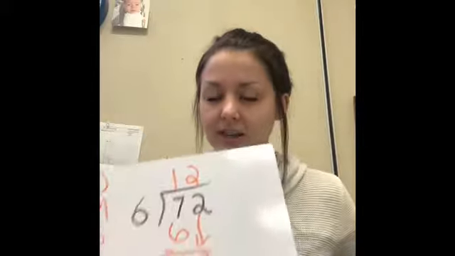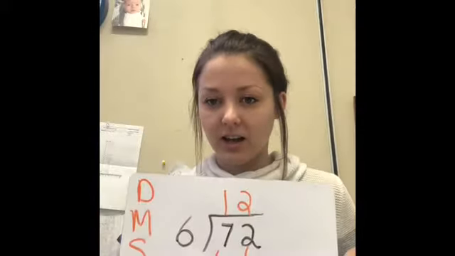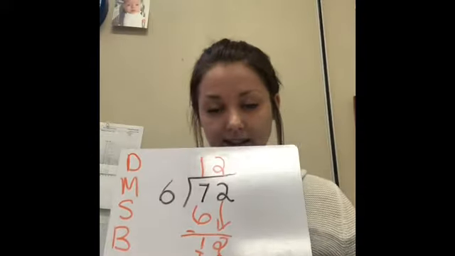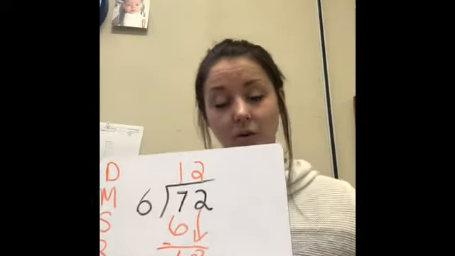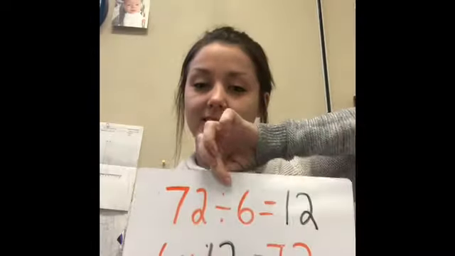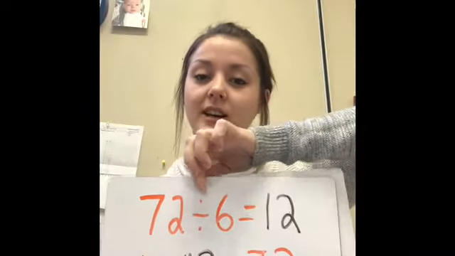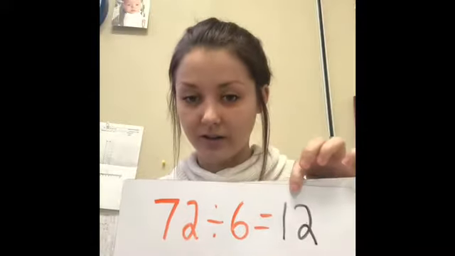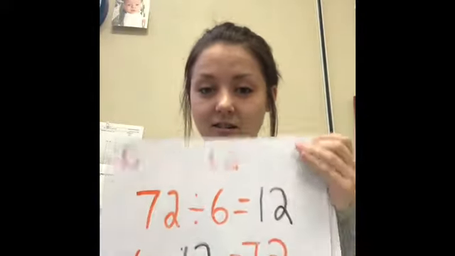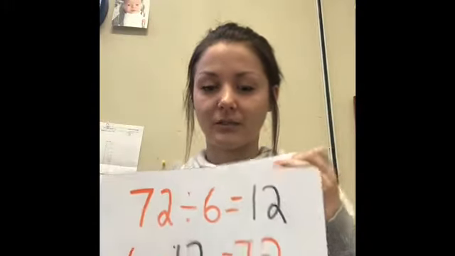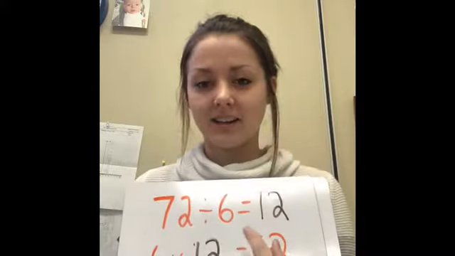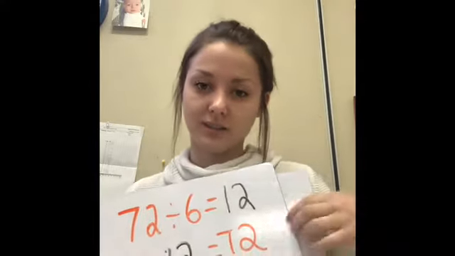But then it says to check your answer using multiplication. So if 6 fits into 72 12 times, or 72 divided by 6 equals 12, then 6, oh sorry, not our answer, our divisor, 6 times 12 should equal 72.